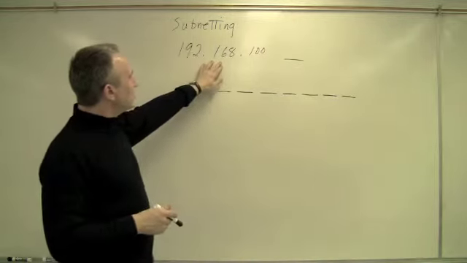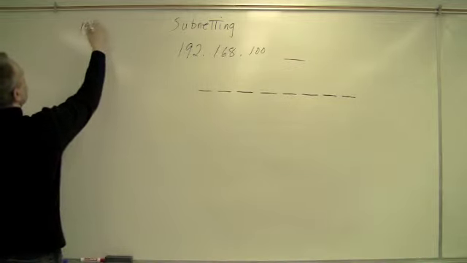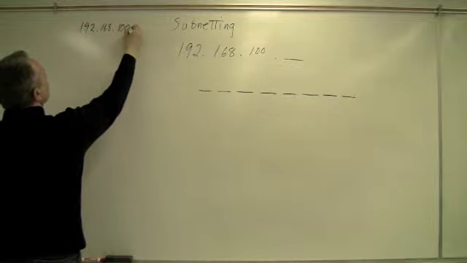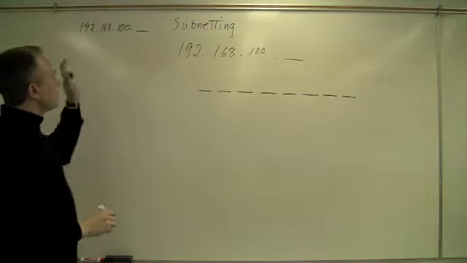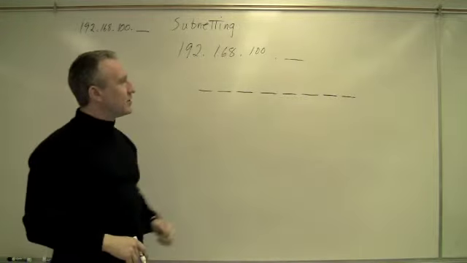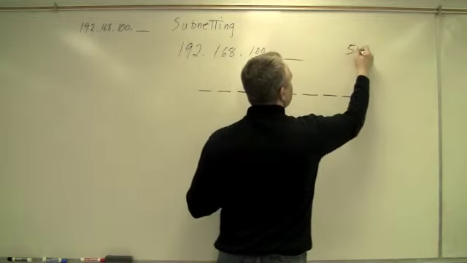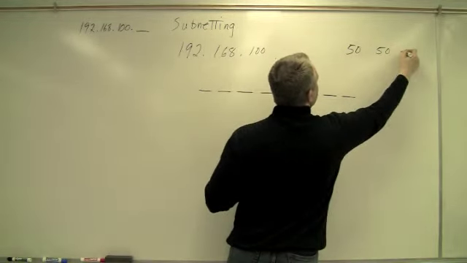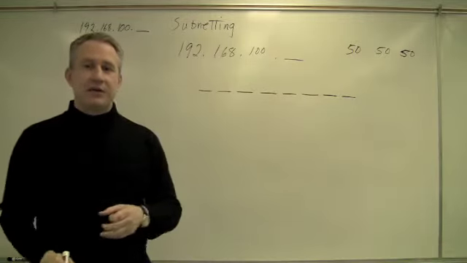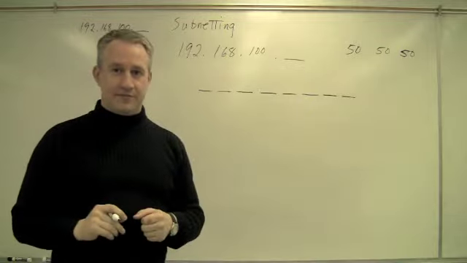So our network bits we don't touch, and I'm actually going to write that up here. The first 3 octets we leave alone. The last octet, what we need to do is divide it up into pieces that are big enough to accommodate that.